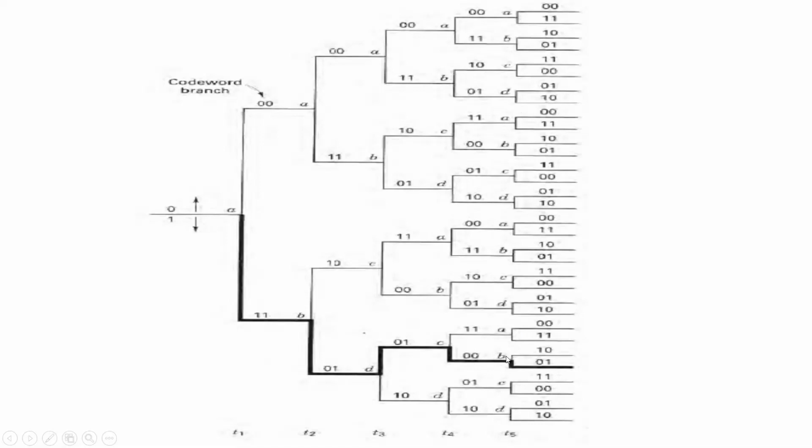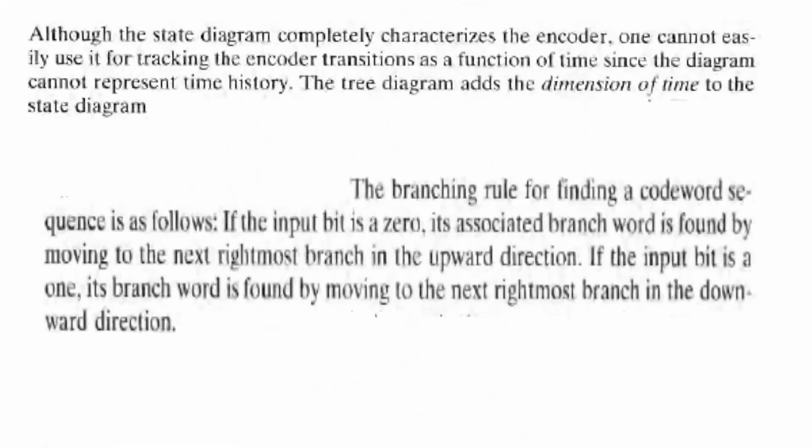So what we can do is merge the upper portion and the lower portion of the tree diagram. That means the corresponding branches will be merged with each other. Once you merge the branches, a new structure takes shape, and that structure of representation is known as the trellis diagram.